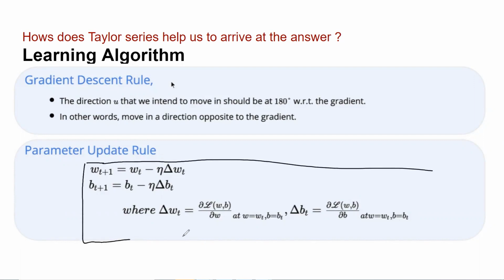This is nothing but gradient. Delta W is the gradient of loss with respect to W, and the gradient of loss with respect to the threshold, that is B. Okay, so this is the entire sigmoid learning algorithm.